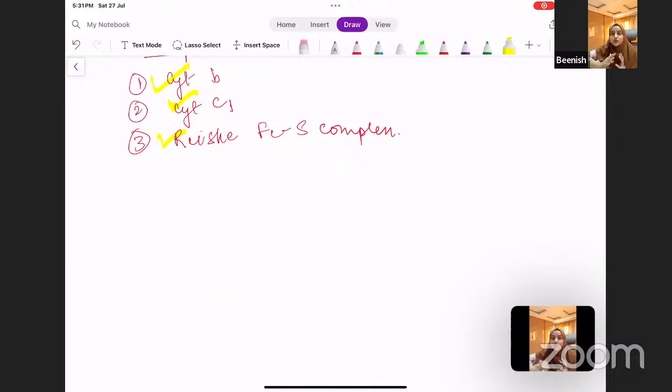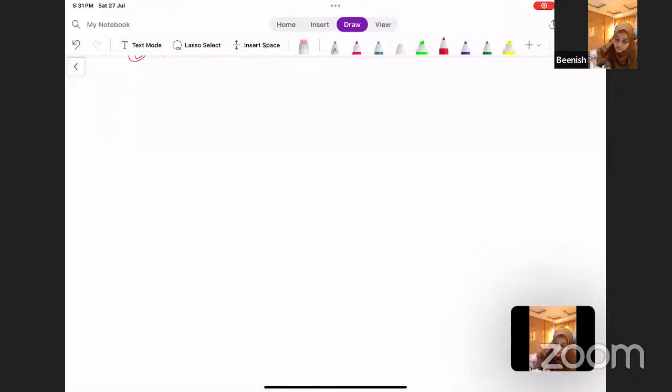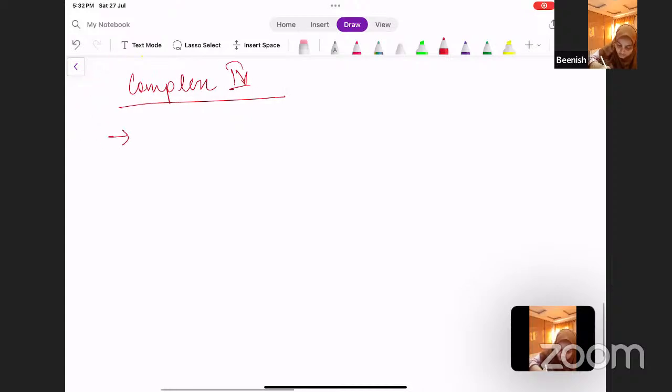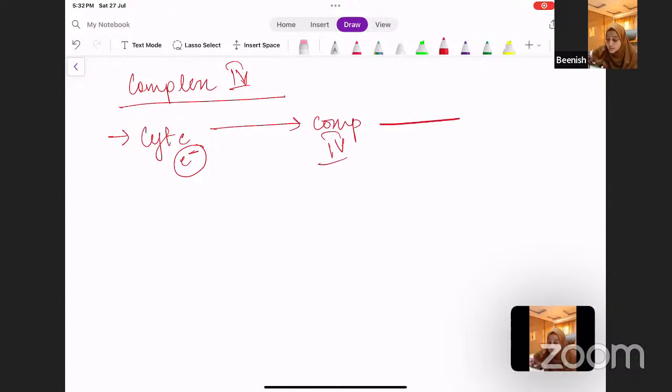Your complex 4 is going to receive electrons from cytochrome C and then this electron is going to be given to oxygen. So talking about complex 4. Complex 4 is receiving electrons from cytochrome C. So electrons from cytochrome C are given to complex 4 and then from complex 4 the electrons are given to oxygen.